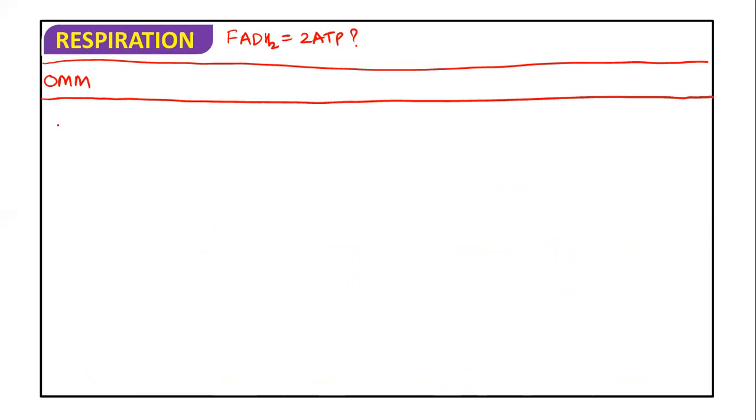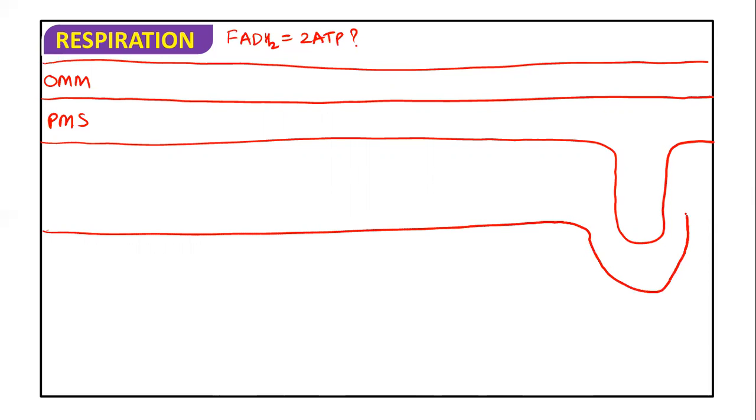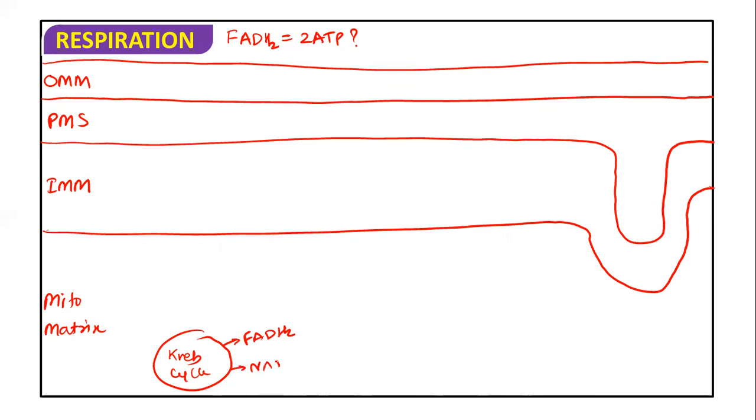So the outer mitochondrial membrane is there, the perimitochondrial space is there, and the inner mitochondrial membrane is there. Now here this is the mitochondrial matrix, and we know that the Krebs cycle takes place here, and FADH2 and NADH2 are synthesized here through the Krebs cycle.